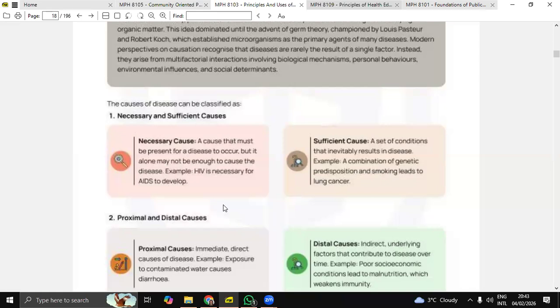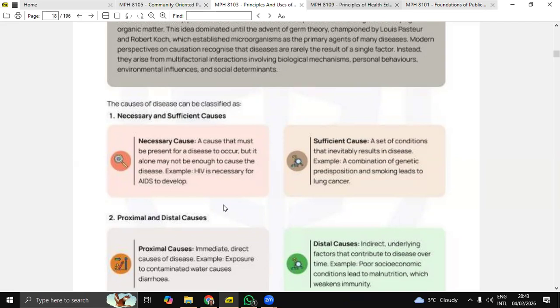Now, the other thing is sufficient cause. Sufficient cause is a set of conditions that inevitably results in disease, which means if these conditions are there, bam, you must have the disease.